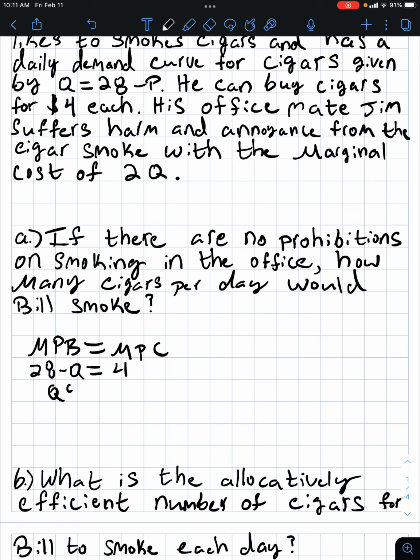So we get QC, the competitive equilibrium, is going to be equal to 24. I just subtracted 4 on both sides and added Q on both sides to get QC equal to 24. And this gives us a price at the competitive level for Bill of 4, which makes sense because that's how much the cigars cost him.